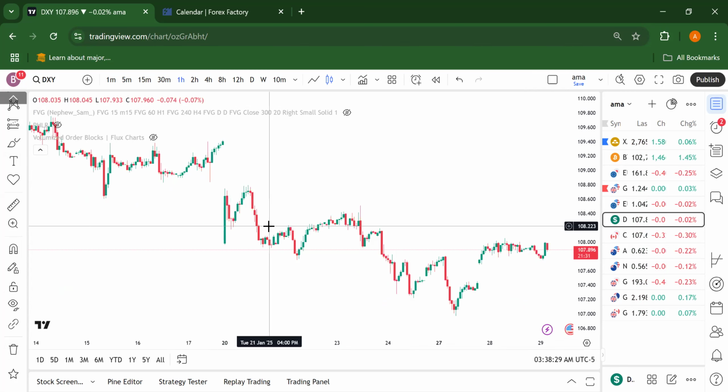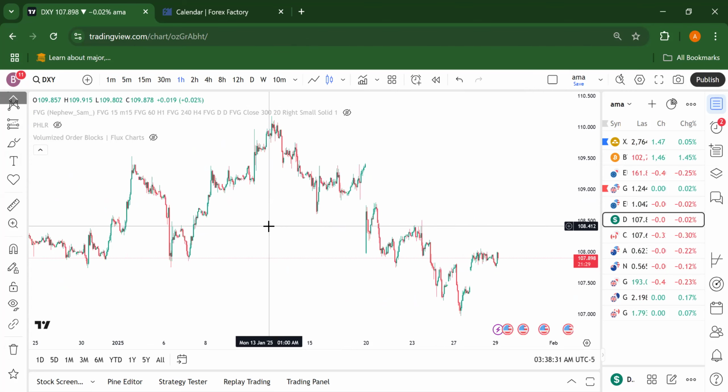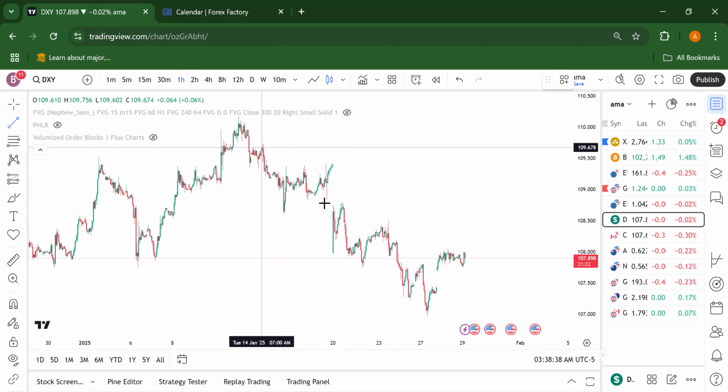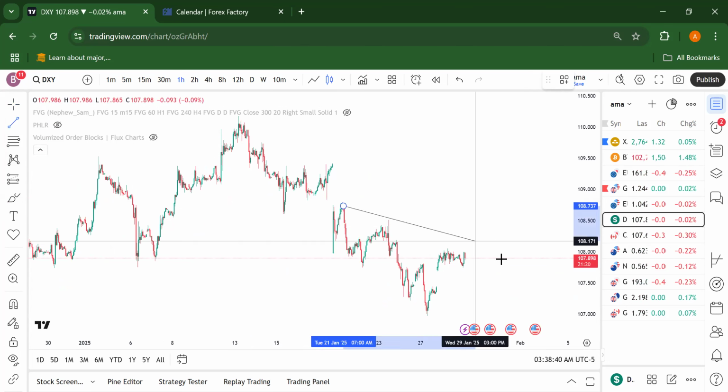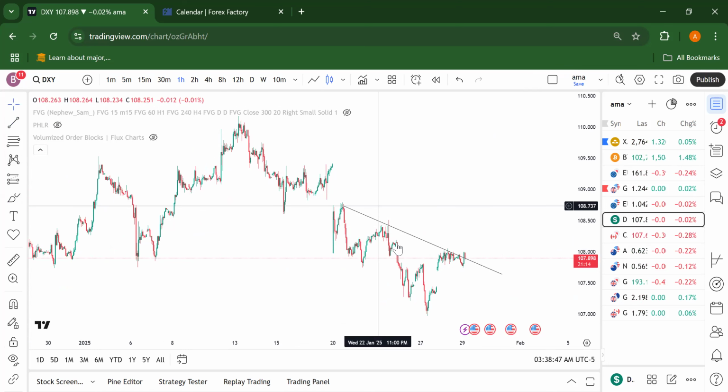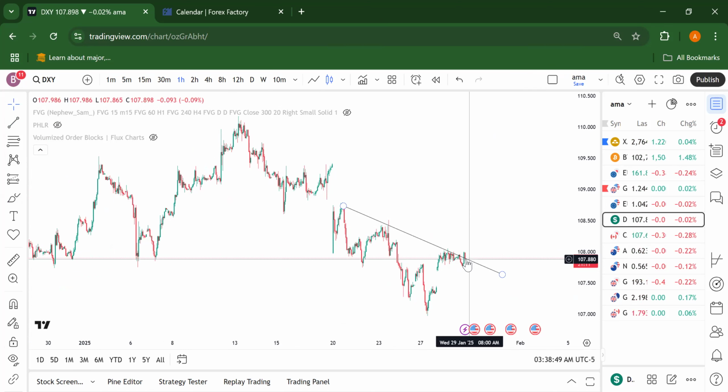If you look at this pair on the 1 hour time frame, what can you see? If you are looking at the touches, you'll find out that price has actually broken the first touch, second touch. This is the touch that price has broken.